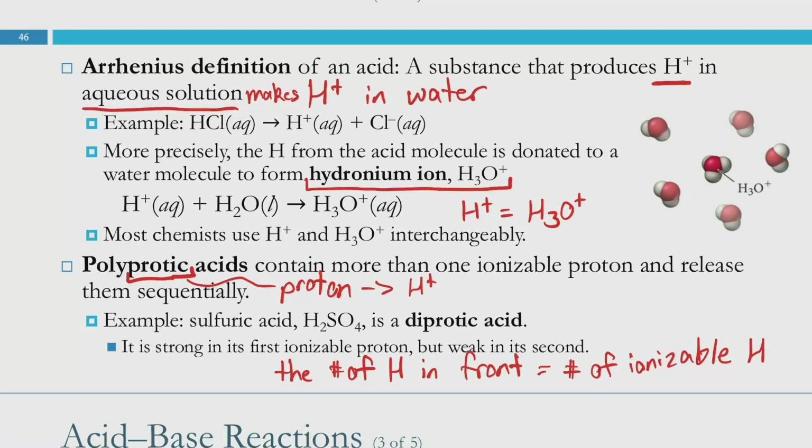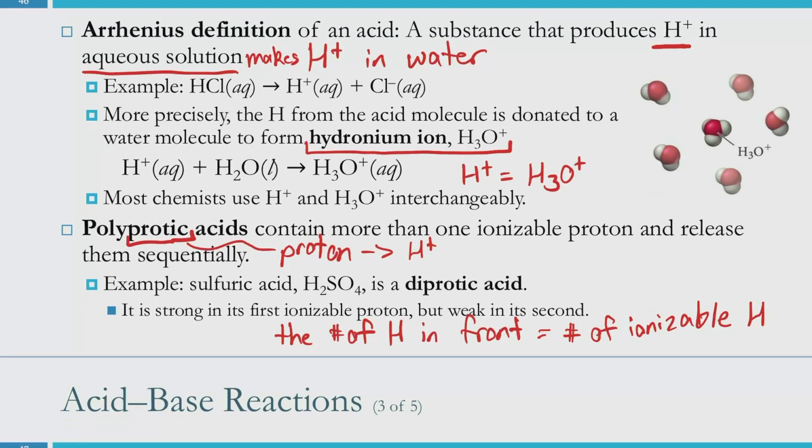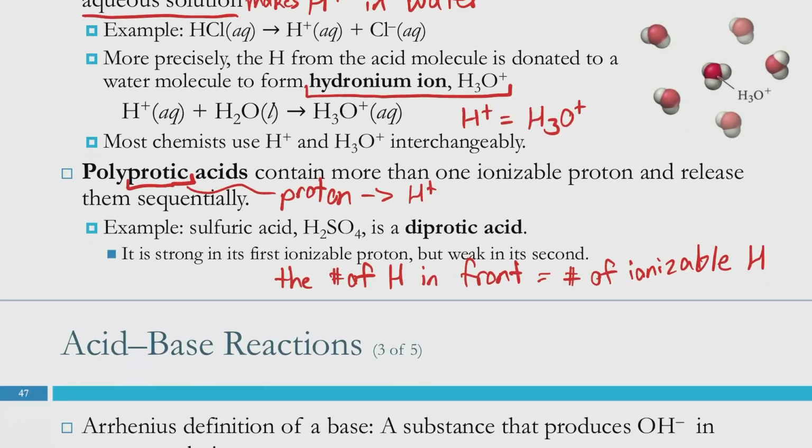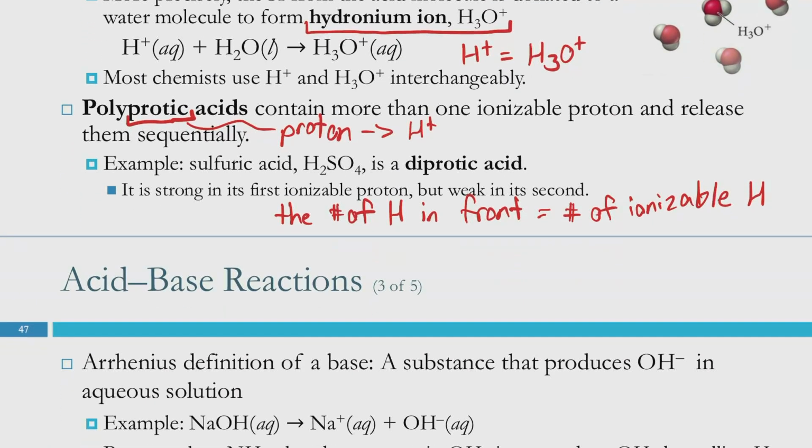You will not always see all of the H's written in front. Sometimes, depending on how people like to write it out, they might just put all of the hydrogens in the middle, and you would just have to know that it's an acid based on context or somebody naming it as an acid. Usually in this class, you'll see the hydrogens in front to let you know that it's an acid and that it's mono, di, or triprotic.